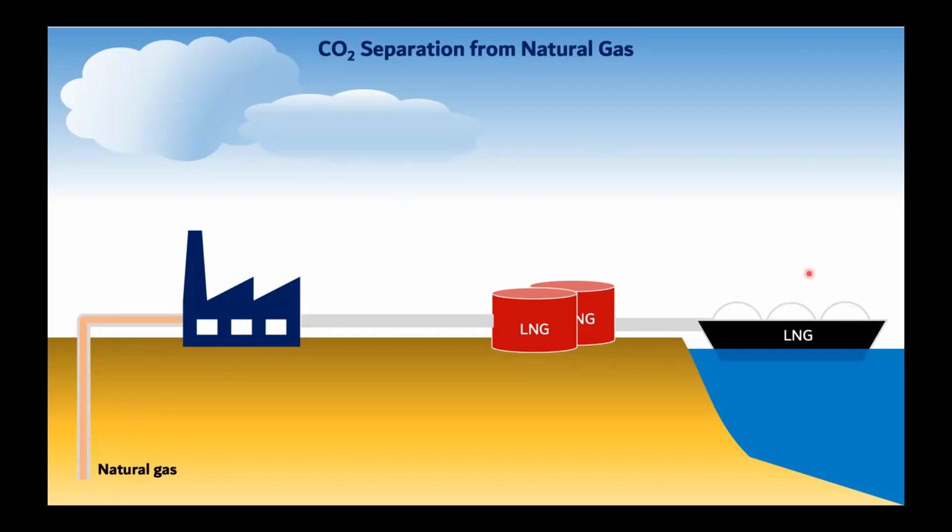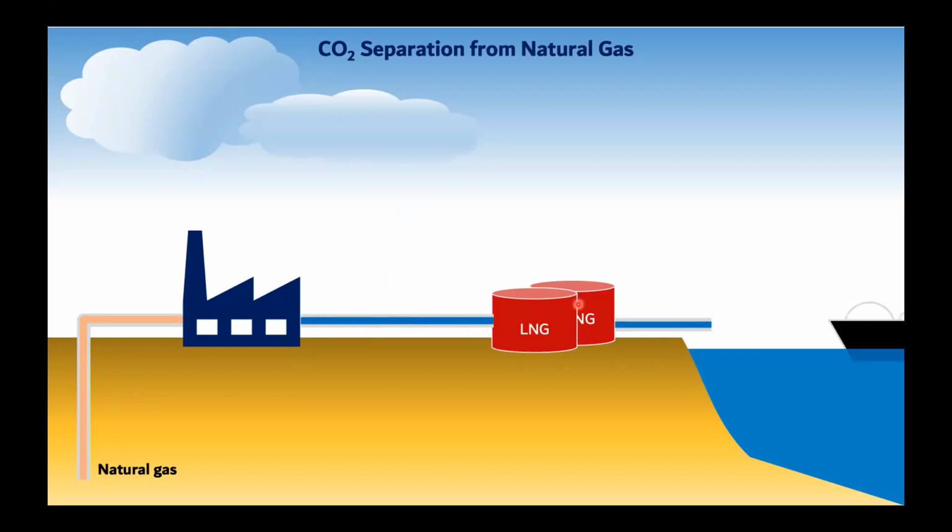If we liquefy the natural gas, the volume will contract up to 600 times. That means less volume is needed, and we can carry lots of LNG. So the goal is to liquefy this natural gas into LNG.